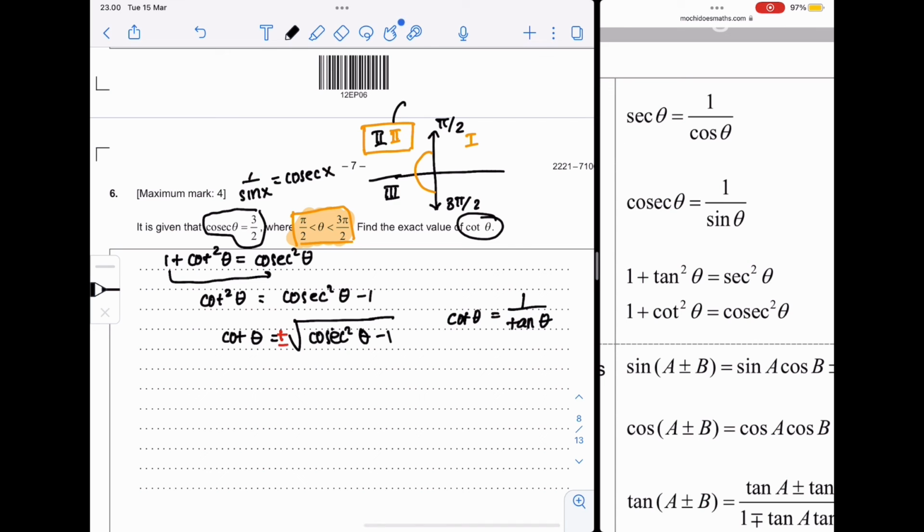When it's on the second quadrant, the value of cotan will be minus. So from these two options, please pick the negative sign. Minus cosec square, which is 3 over 2, minus 1. And we're done.